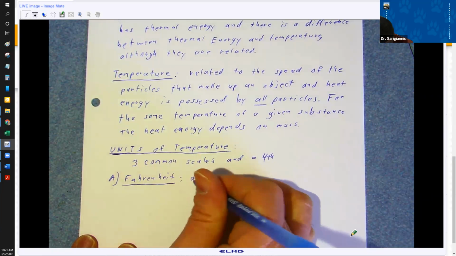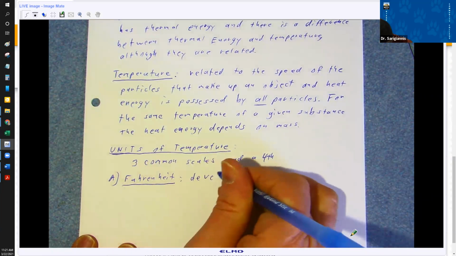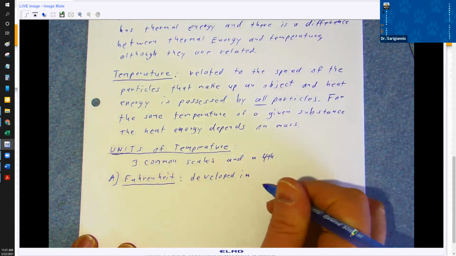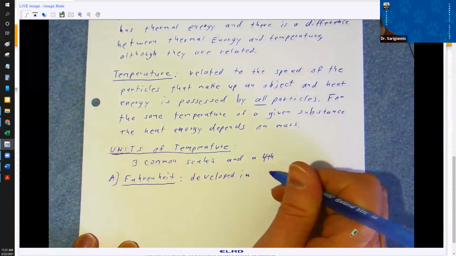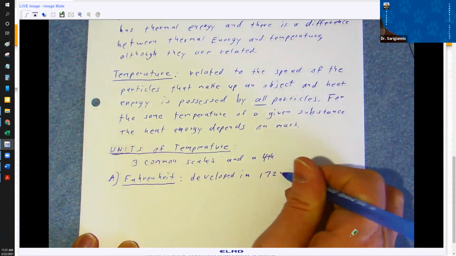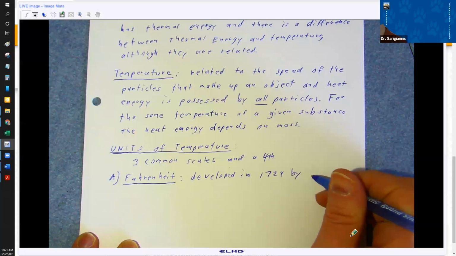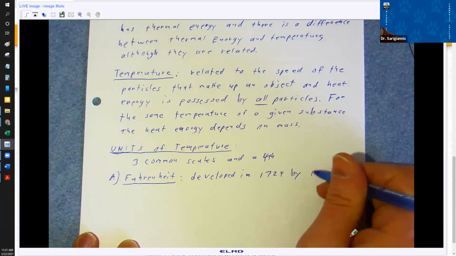And this was developed in 1724 by Daniel Gabriel Fahrenheit.